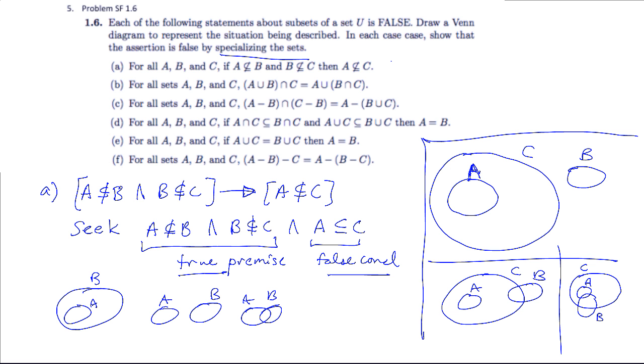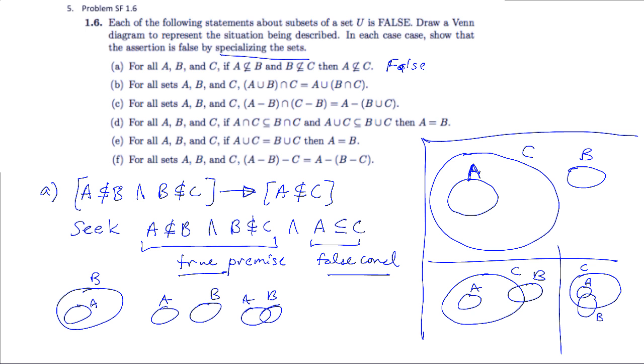Let's move on to part B. So part A is false. Let me move on to part B, and I think I'll need a new page for that. It says for all sets A, B, and C, A union B intersect C is equal to A union B intersect C with the parentheses in the other order.